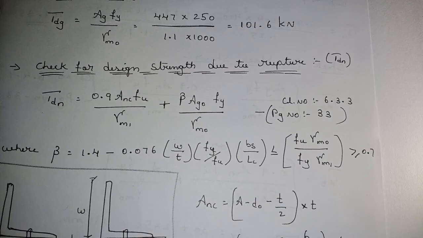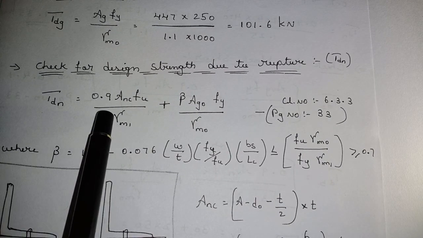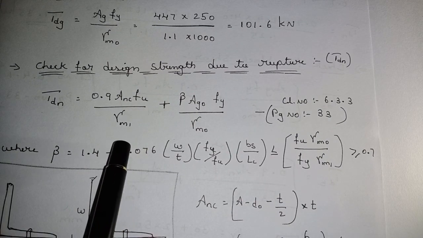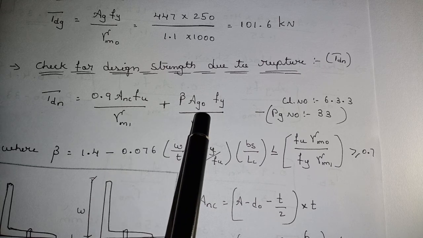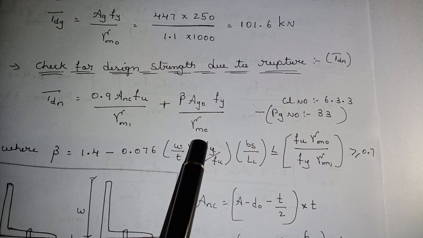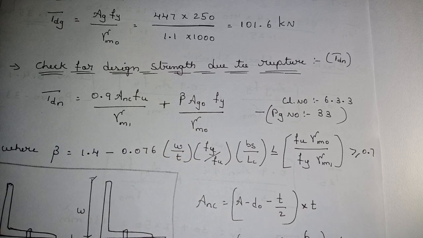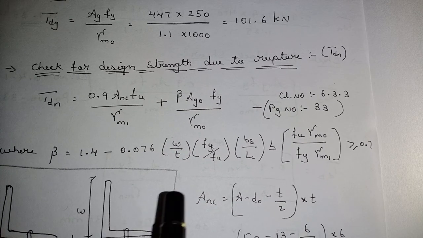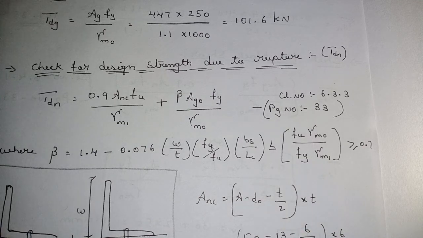I think I'm clear. Now I have written the same equation over here: 0.9 ANC FU divided by gamma M1 plus beta AGO Fy divided by gamma M naught. So now here is the clause. We got it from this clause number.